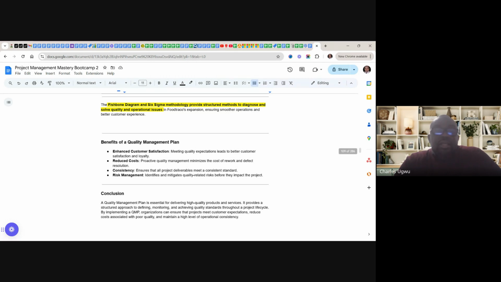By implementing a quality management plan, an organization or project can ensure that the project meets customer expectation, reduce costs associated with poor quality, and maintain a high level of operational consistency. So this is where we are bringing it to the end.